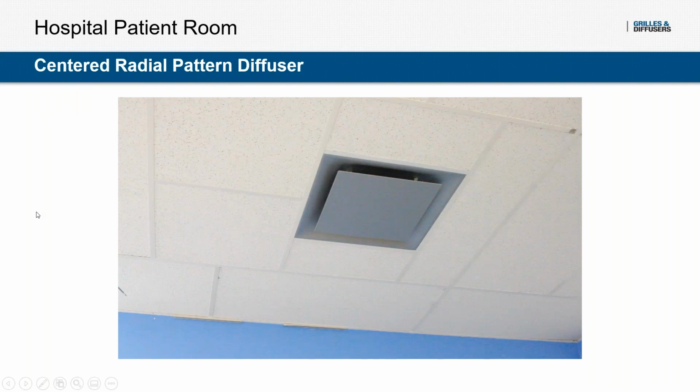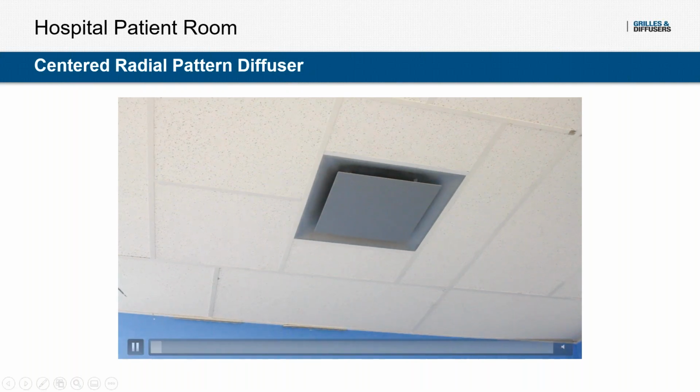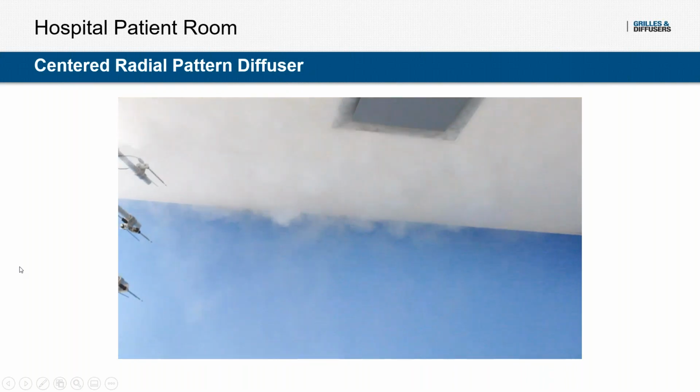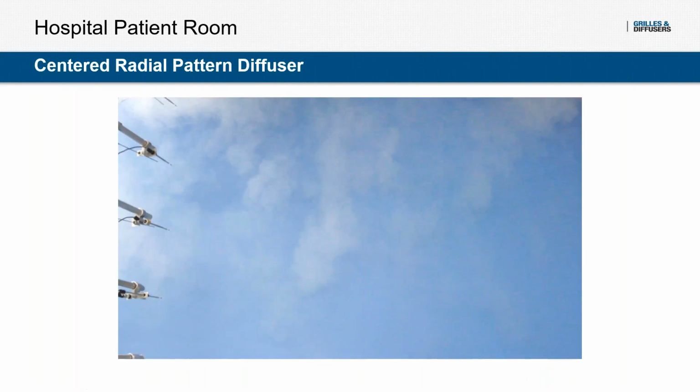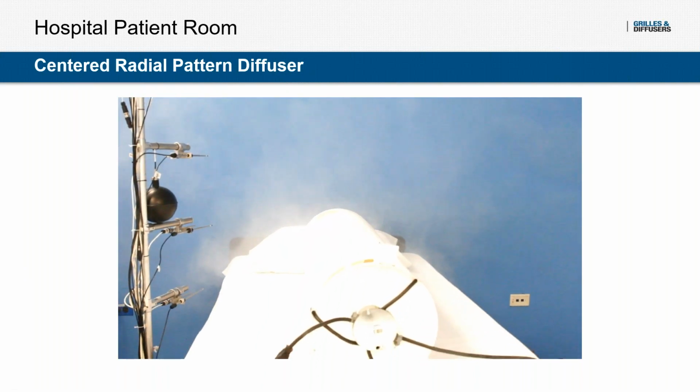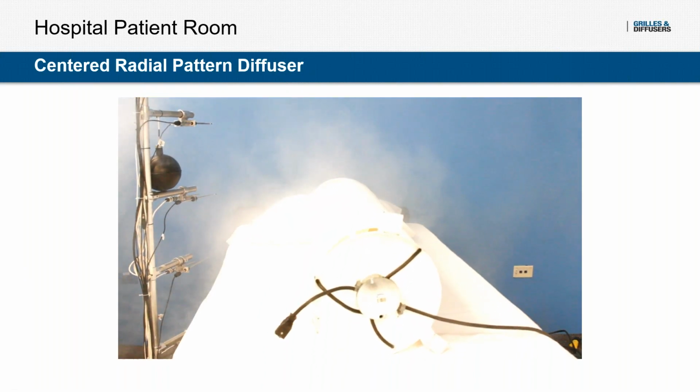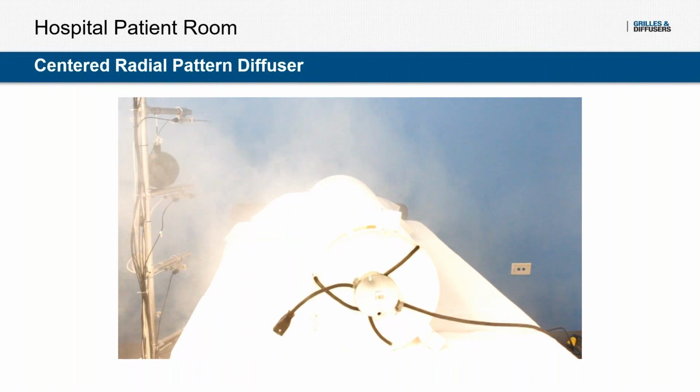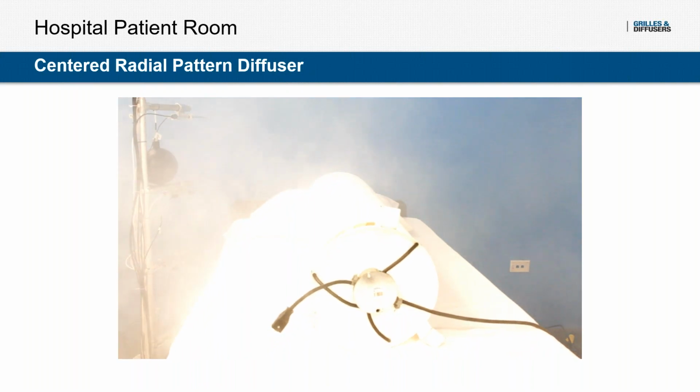So here's a radial pattern diffuser, a square plaque diffuser, installed in the center of a patient room. And we can see that what happens here is the air is going to hit the wall at a high velocity and travel downwards onto the patient bed. Because the patient bed is directly against the wall, the patient is more likely to see some high velocities.